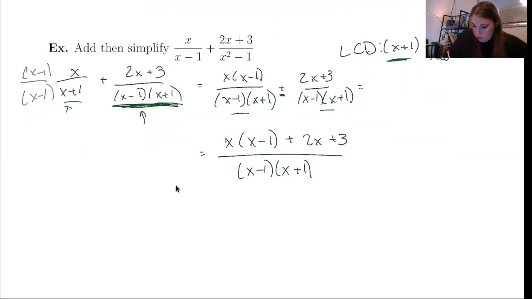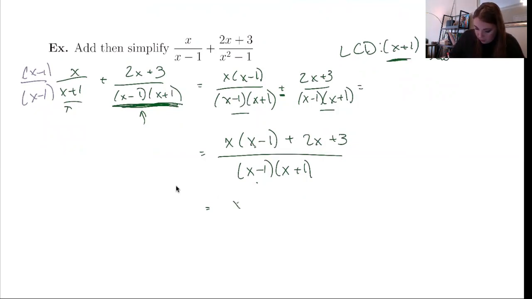Okay, so I'm now going to make sure that I can't simplify anymore. I can't cross out x minus 1, because not every term has an x minus 1 in it. 2x doesn't have an x minus 1, and 3 doesn't have an x minus 1. So I can't cancel it out. It's only a factor of this first term in the numerator.